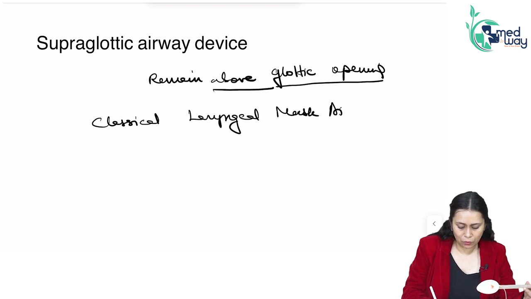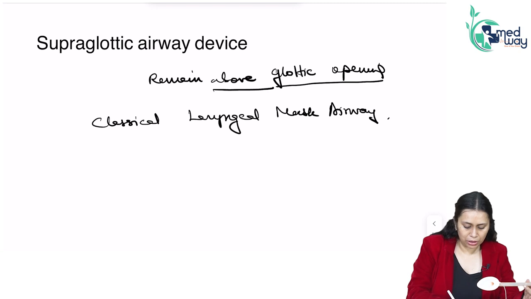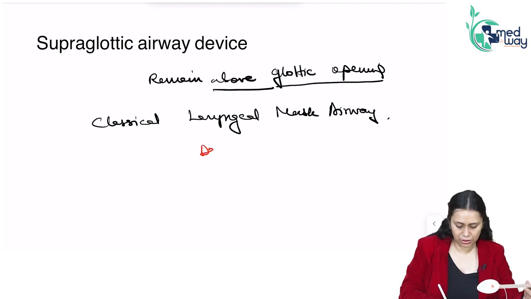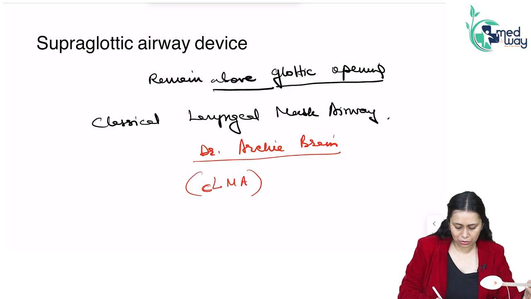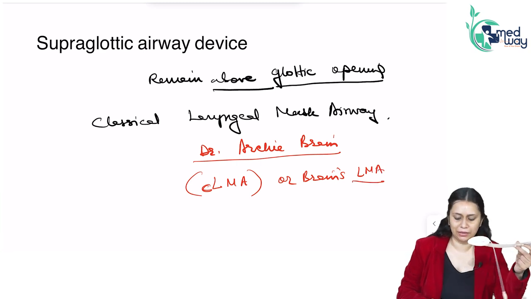Now this device was designed by Dr. Archie Brain. So that's why it was also called initially Brain's LMA. It is popularly called LMA, the classical LMA. Now let us talk about Brain's LMA or classical LMA.